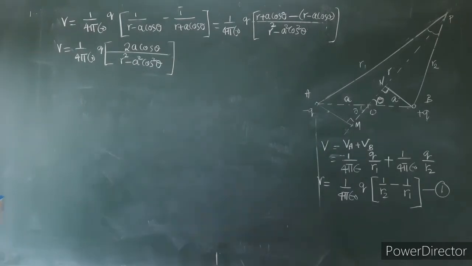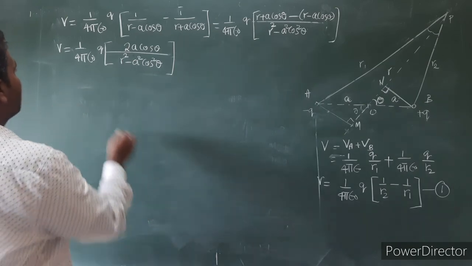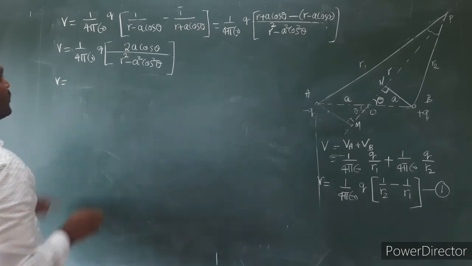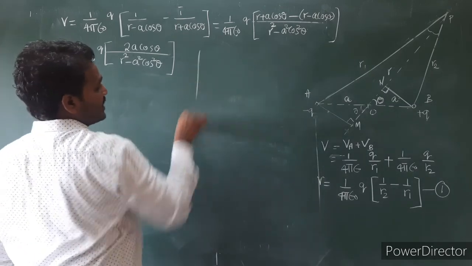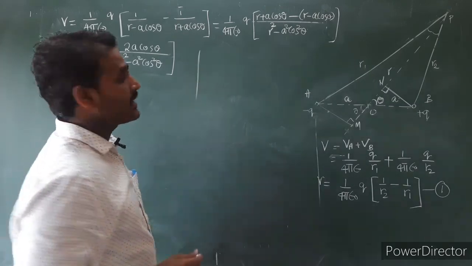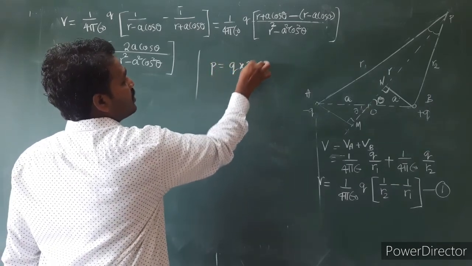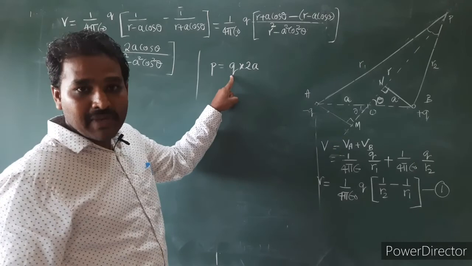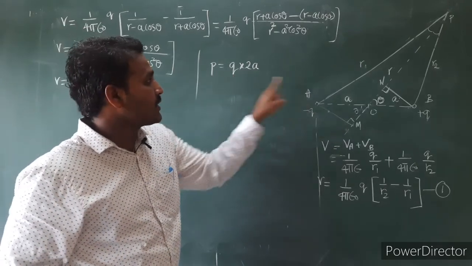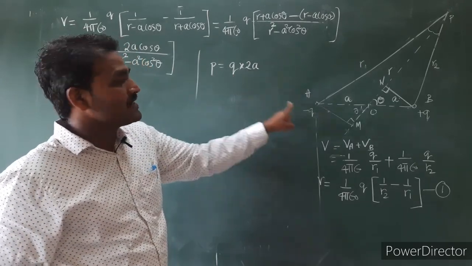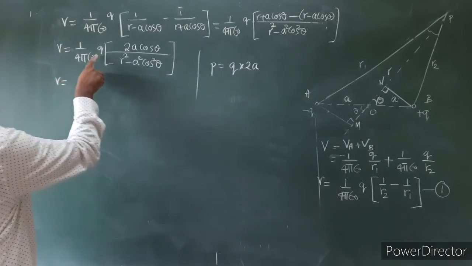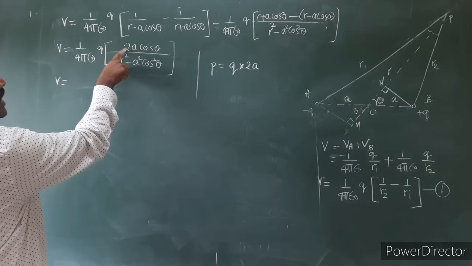Now, consider here, I can write V as, so we know in previous class we have electric dipole moment which is given by P is equal to Q into 2A, where Q is magnitude of the charges of the dipole and 2A is the dipole length. So here also I have Q, here also I have 2A.